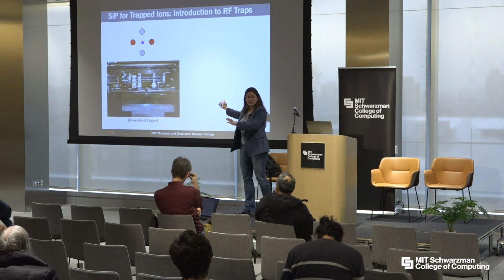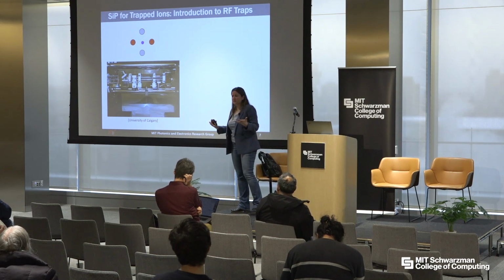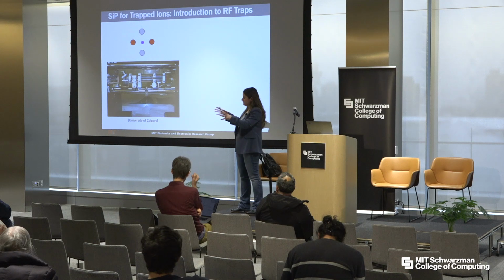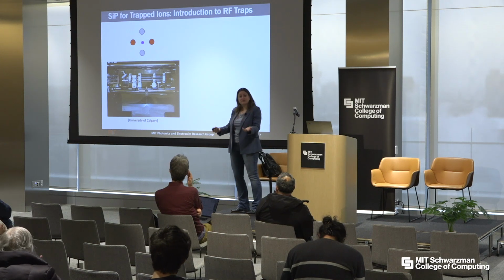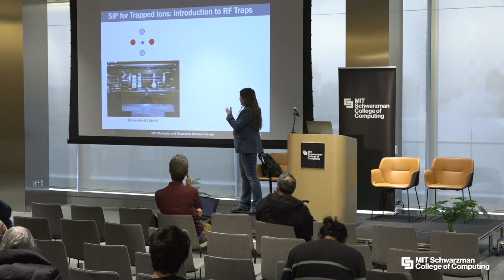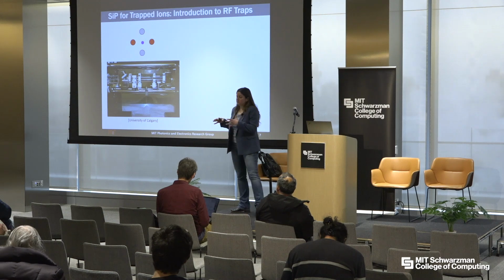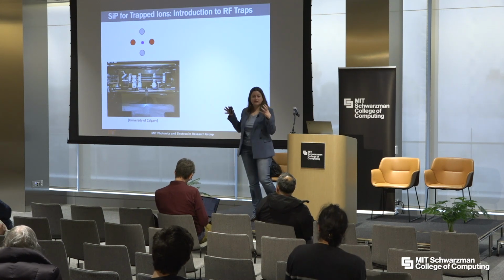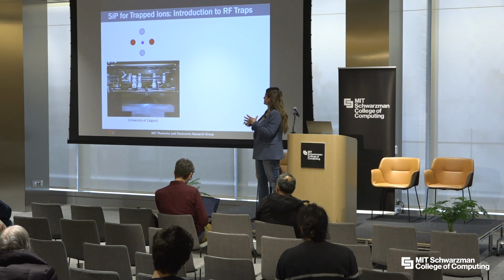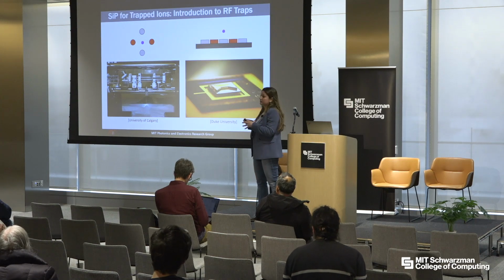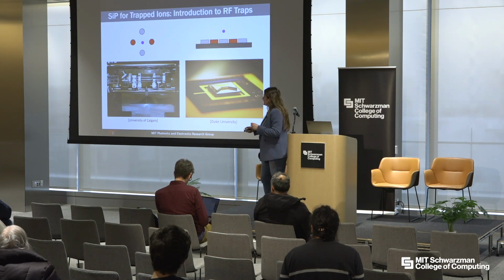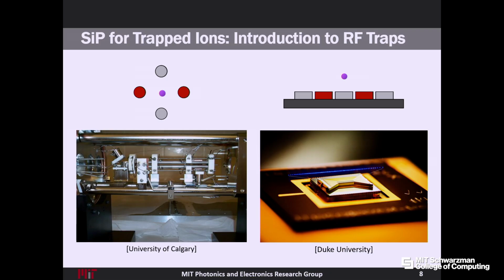This is great as a first demo. But if we want to create a real quantum computer, we need to create this system in a more integrated, more scalable way. So the next huge innovation in the field of trapped ion quantum systems is to take this really bulk system, this Paul trap, and integrate it down into a chip. Can you take these metal bars, these electrodes, and flatten them down and pattern them on a little chip?